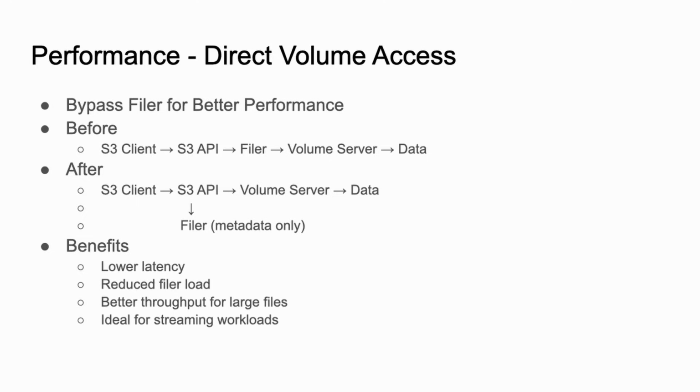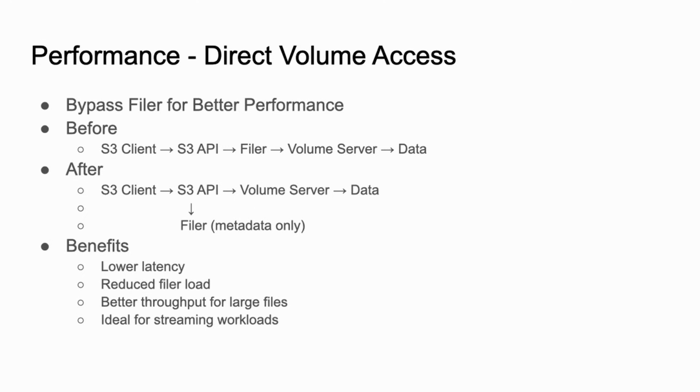After the change, the S3 clients will still talk to S3 API servers, but the S3 API server will only talk to the filer about the metadata updates, reading, and writing. The actual file content will go to the volume server directly. So this way, the actual file content will never go through the filer itself, and the filer will have much less workload.